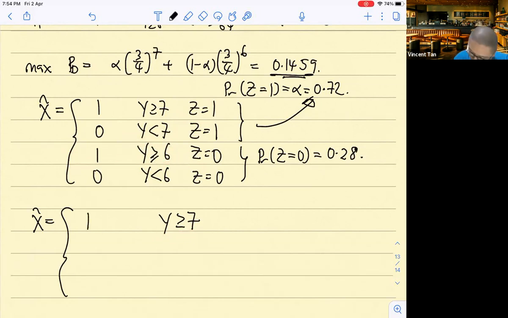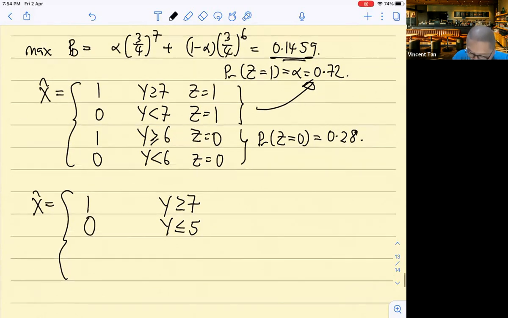This is my rule. Similarly, if y is less than or equal to 5, I don't need to care about my coin as well. I will always declare 0. I only need to talk about coins if y is exactly equal to 6. If y turns out to be 6, I will toss my coin.